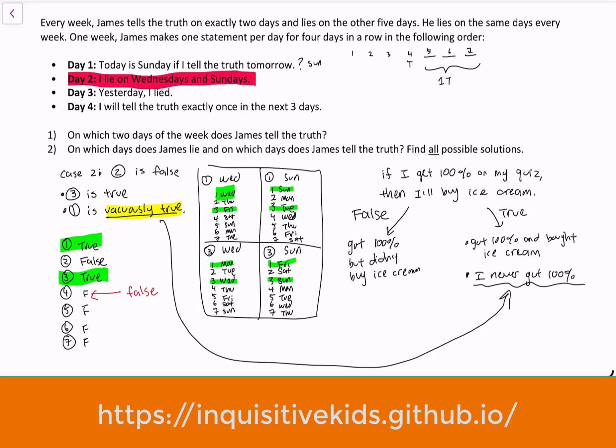In other words, it is vacuously true. Another important key point you should take away from this video is that we started off by finding which statement to focus on, which statement to pinpoint ourselves on. For this problem, we chose day 2, or statement 2, because we used day 2 to give ourselves 2 major cases, and we went from there.